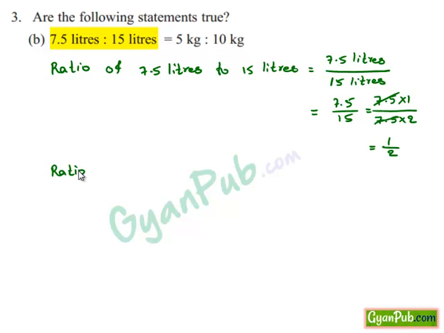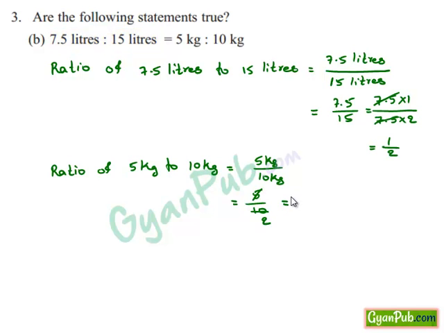Similarly, ratio of 5 kg to 10 kg can be written as 5 kg upon 10 kg. Here both are having same units, that is in kgs. So we can cancel out the units and we will get the fraction as 5 upon 10. Here we can observe that 5 goes in 10 by 2 times, which gives the ratio of 5 kg to 10 kg as 1 upon 2.